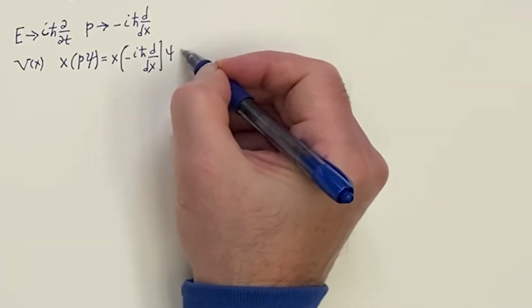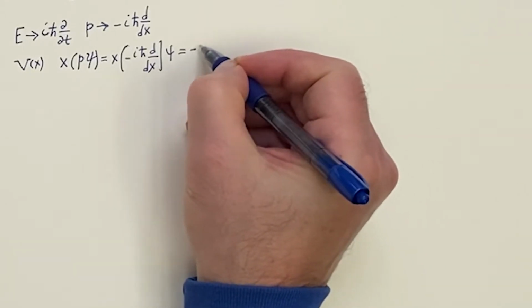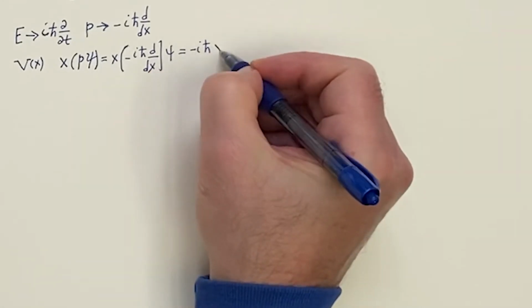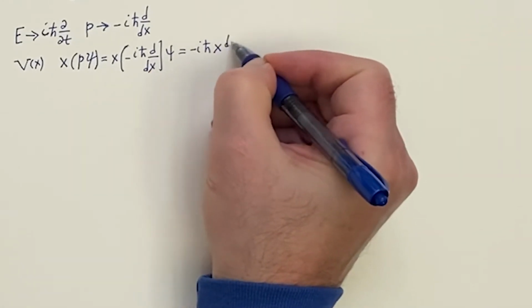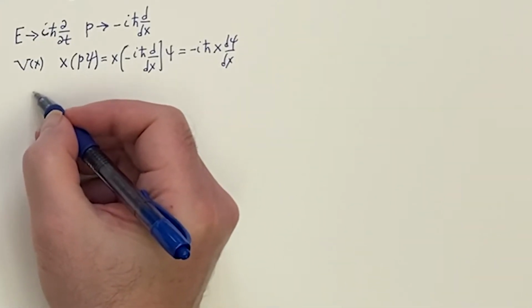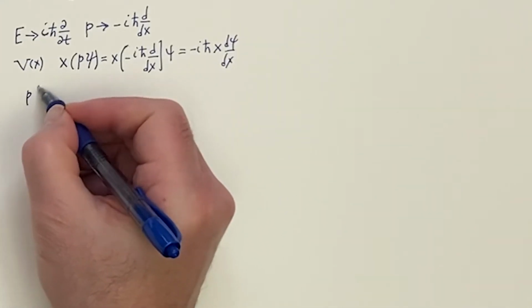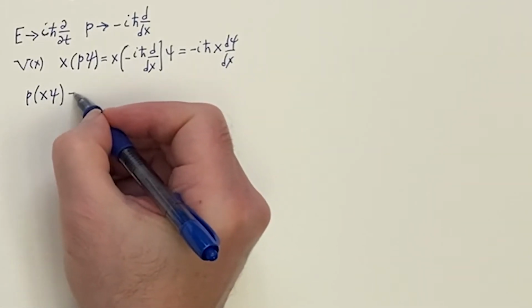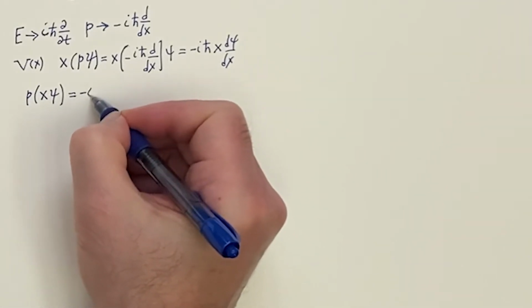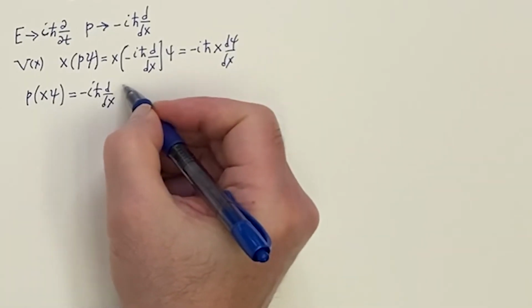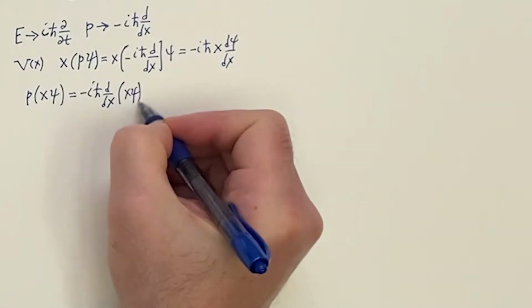And this will give you here minus I h bar can be pulled out, constant, and then x times this derivative. But now watch what happens if we operate the other way. In other words, we put the x first, and then we take the measurement with the momentum. Then we have minus I h bar d dx, working on x psi.